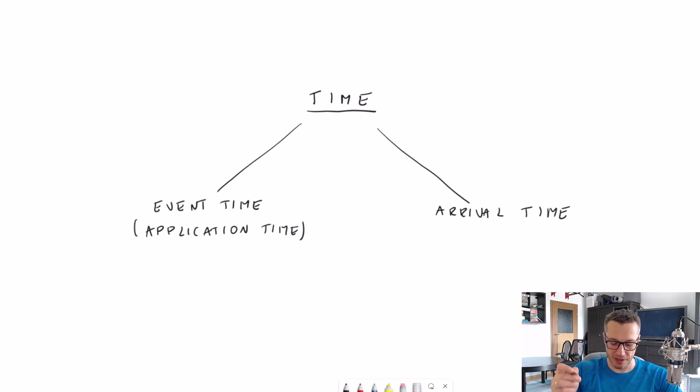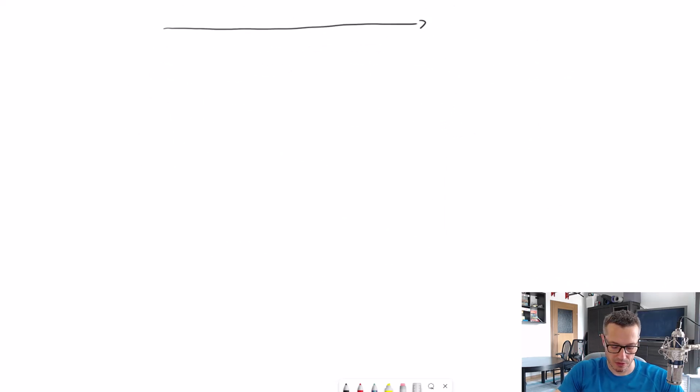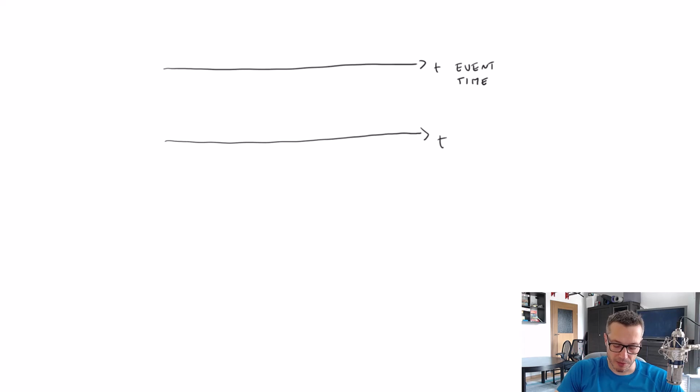So let's say that we've got this diagram. Actually, let me move it a bit, like so. We've got two timelines. The upper one would be our event time, when something happened. And the second one would be arrival time, when the event arrived in Azure.